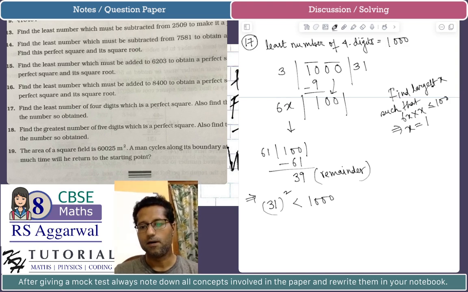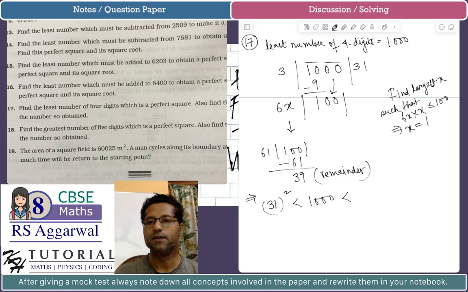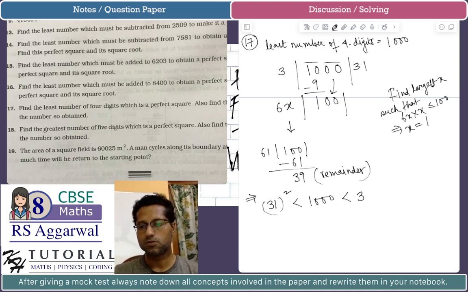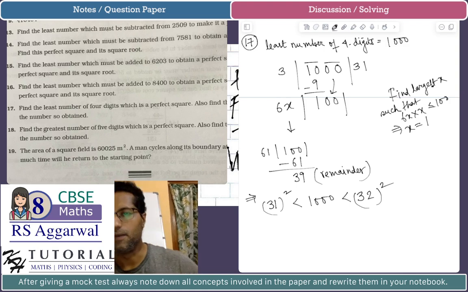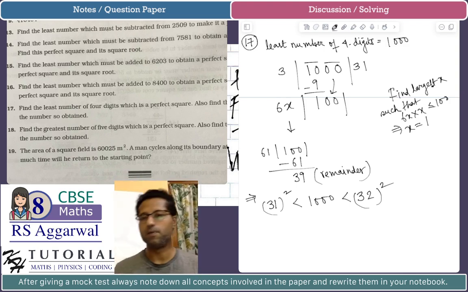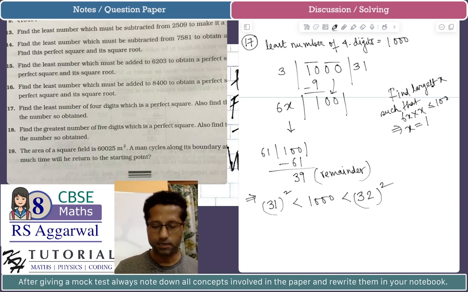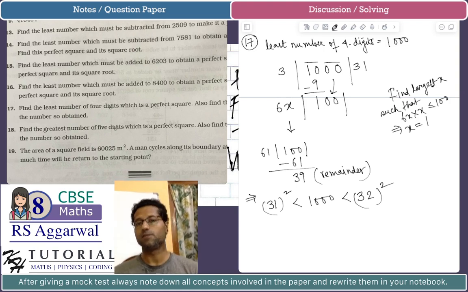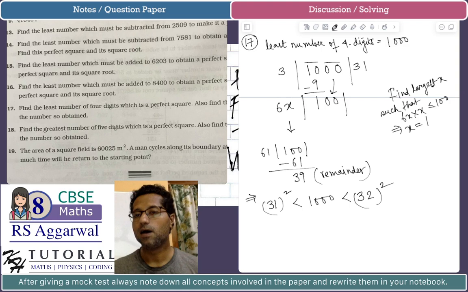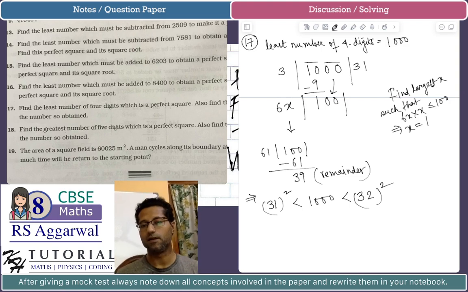And 1000 will be less than the quotient plus 1 square, that is 32 square. So the immediately next perfect square, just greater than 1000, has to be 32 square.